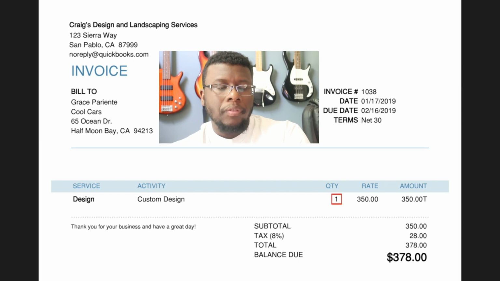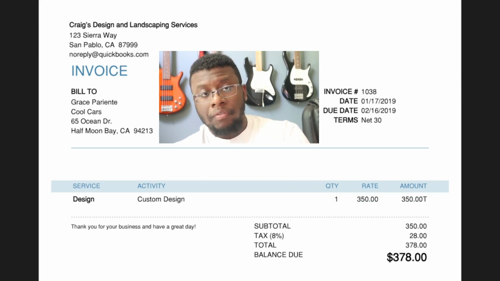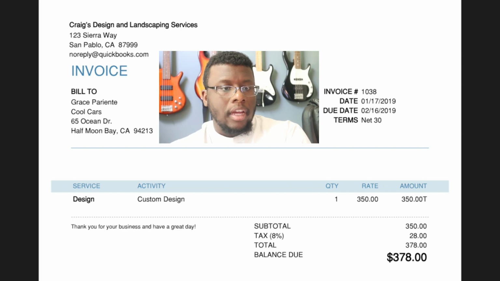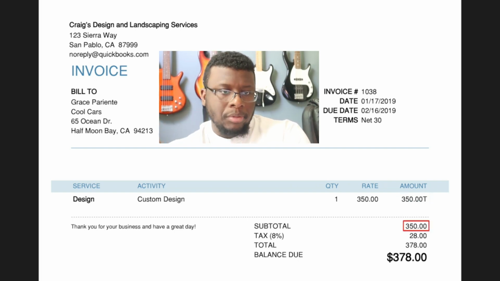Next, we have a description of the goods and services that this invoice relates to. In this particular case, it appears to be for some kind of custom design work. It's best to be as specific as possible in the invoice description because you don't want to cause any confusion or delay of payment. If they're confused, they just won't pay. To the right of the description, we have the quantity, rate, and amount.